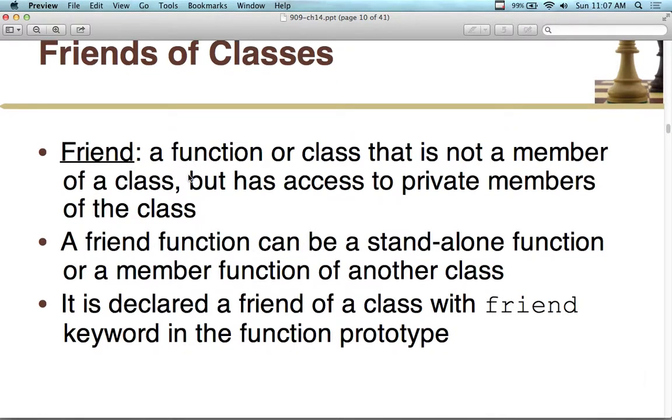A friend is a function or a class that is not a member of the class, but has access to the private members of the class. So you don't belong to the class, but you're accessing private data members of the class. You're either going to make it a friend, or you're going to make the private data members protected. If you make them protected, in some cases you can get at them.